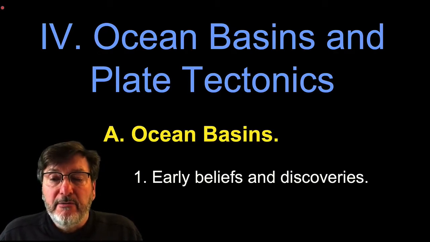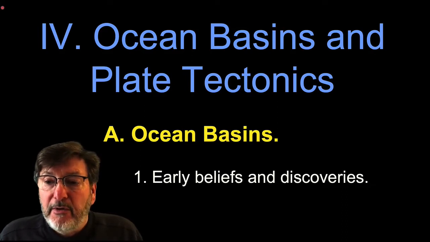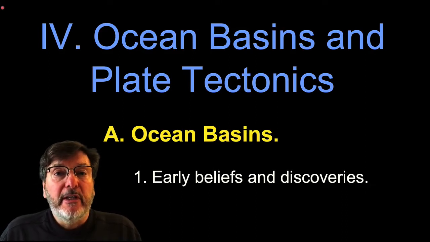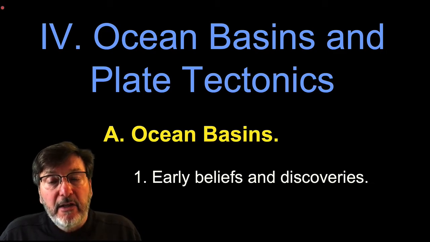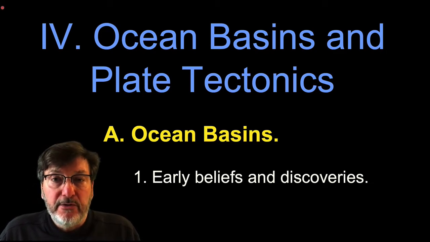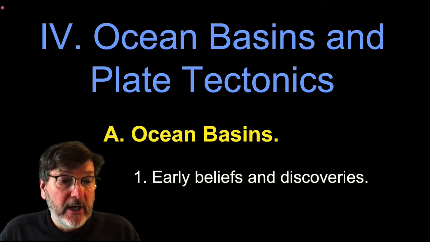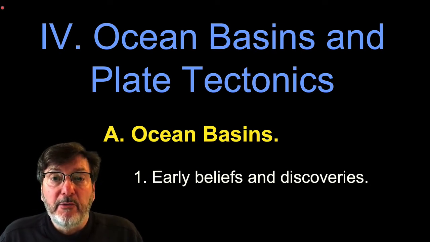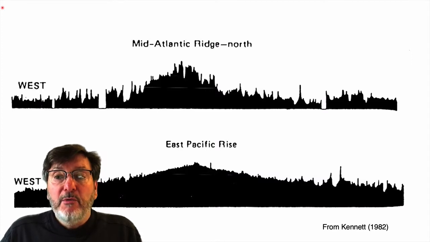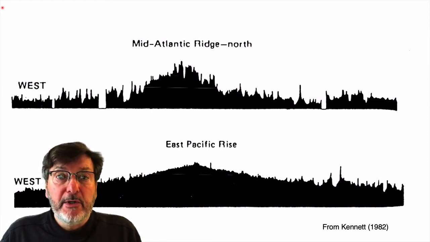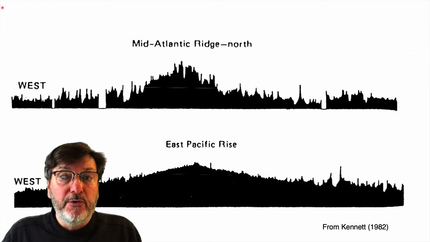Ocean basins, first part of this section. We started out last time with early beliefs and discoveries that led to understanding of ocean basins, and also, as you'll see, is a big component of where plate tectonic theory came from. We talked about Marie Tharp's discovery when she was mapping the profiles and the depth data from sonar analyses of especially the Atlantic, but all the global oceans.